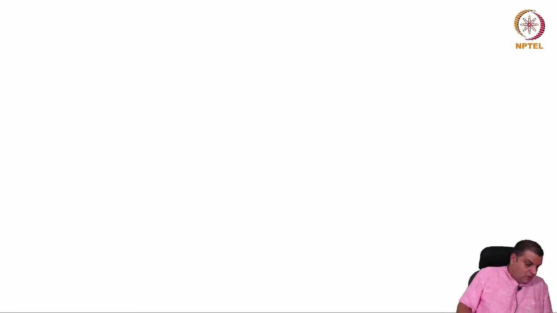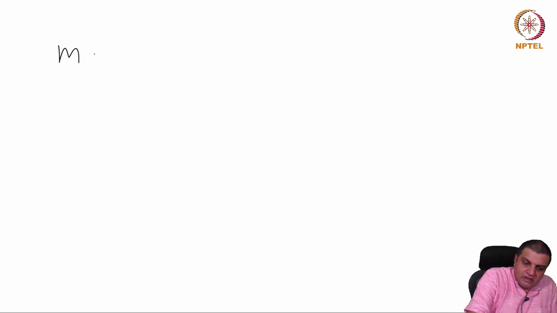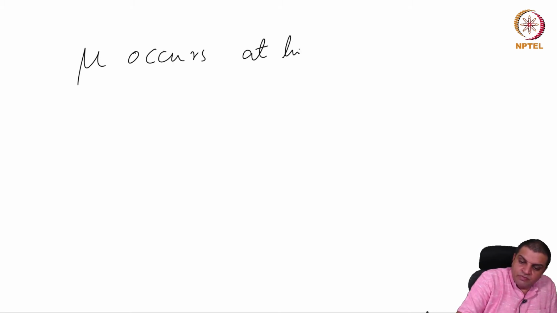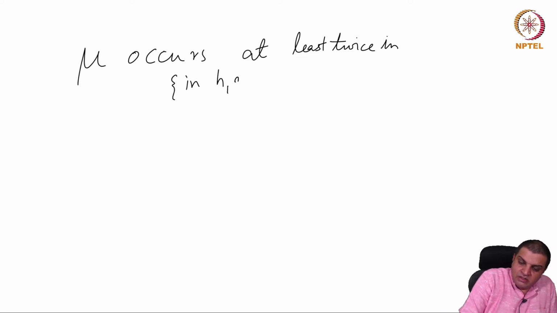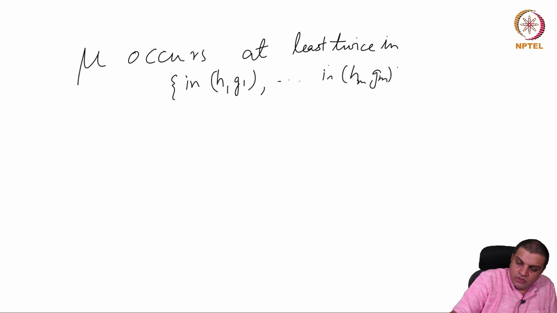Okay. So now let's observe that mu occurs at least twice in the collection of initial terms of H1G1 up to HMGM. Why?